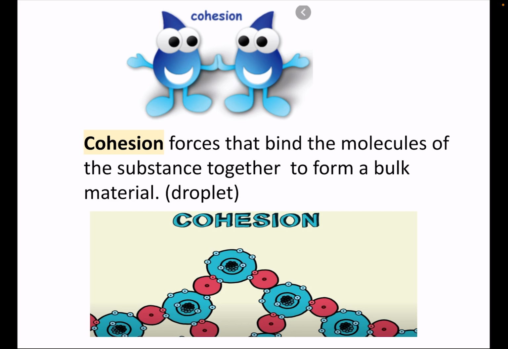You'll notice that the positive end, where the hydrogens are, the red part, is attracted to the negative end of a neighboring molecule. They stick to each other. These are what we're talking about, those intermolecular forces. Not the bonds in the molecule, but the stickiness of one molecule to another.